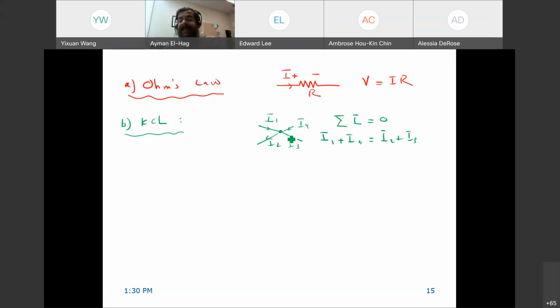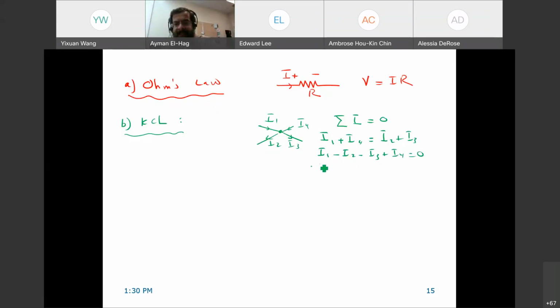Or we can say that we can assume current enter the node are positive, current leaves the node are negative. So we can say that I1 minus I2 minus I3 plus I4 equal to 0. Or I can have the convention the other way around. Current enter the node are negative, current leaves the node are positive.